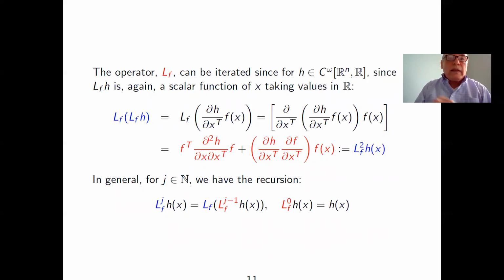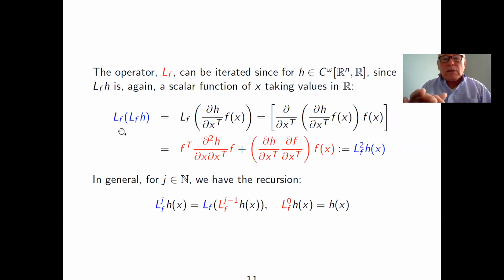So we can iterate as many times as we want those directional derivatives of scalar functions, which are just analytic functions that map the state space into the reals. The iteration of those directional derivatives can be denoted by a symbol like this.